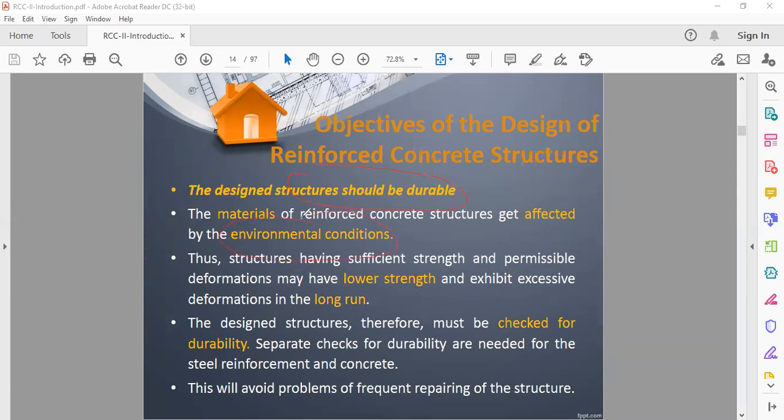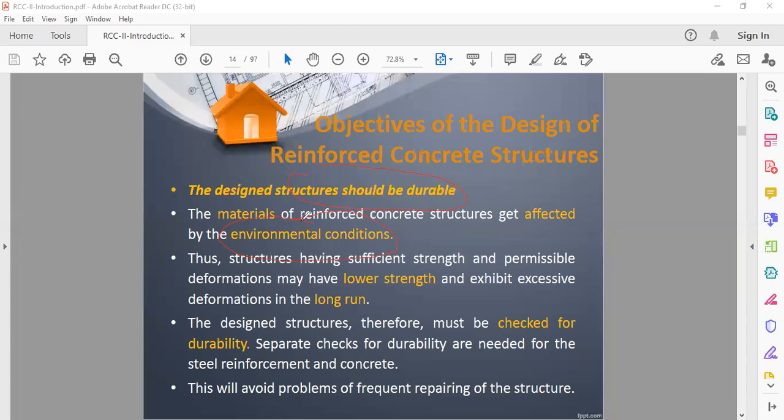It depends on whether the structure is in the Maharashtra region, near the seashore, or in some mountain region. So environmental condition matters. A structure having sufficient strength and permissible deformation may have lower strength and exhibit excessive deformation in the long run.